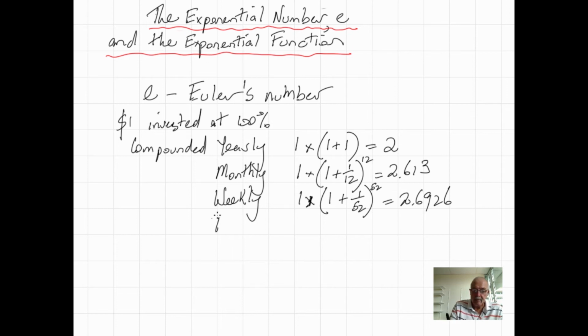If it was daily, it'd be 1 times 1 plus 1 over 365, raised to the power of 365, and you get 2.7146, and so on.